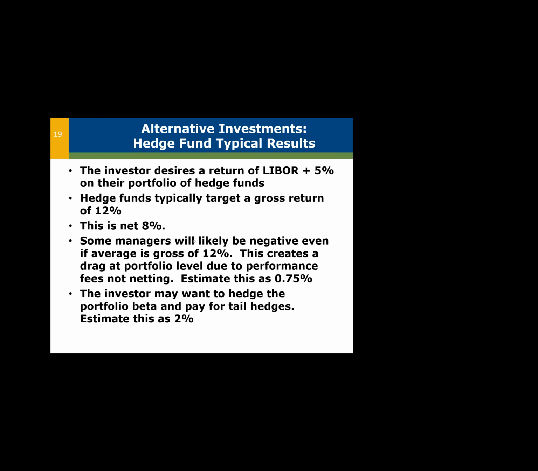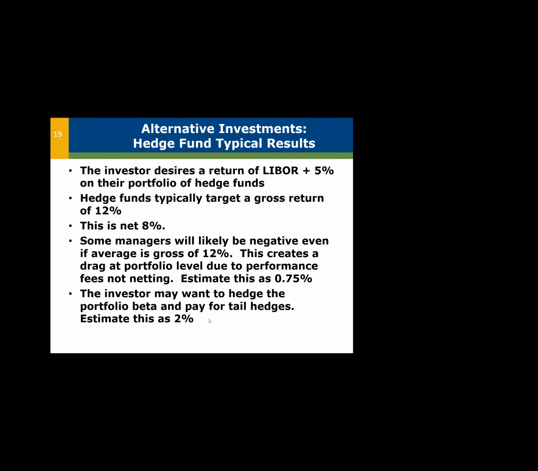And then I talk about the fee drag. So I estimate this to be 75 basis points. You can do a little toy model to figure out what that has been. So that gets you down to 7.25.